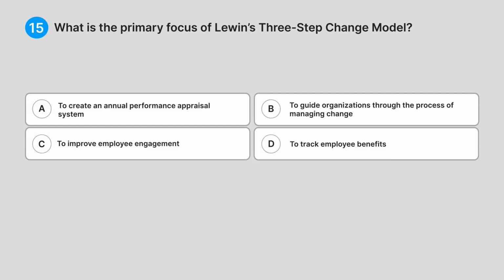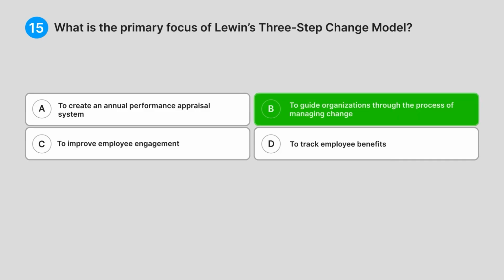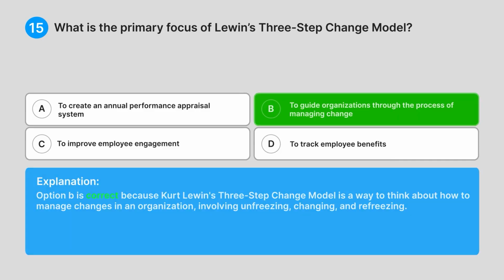Correct answer. B. To guide organizations through the process of managing change. Explanation. Option B is correct because Kurt Lewin's three-step change model is a way to think about how to manage changes in an organization, involving unfreezing, changing, and refreezing.